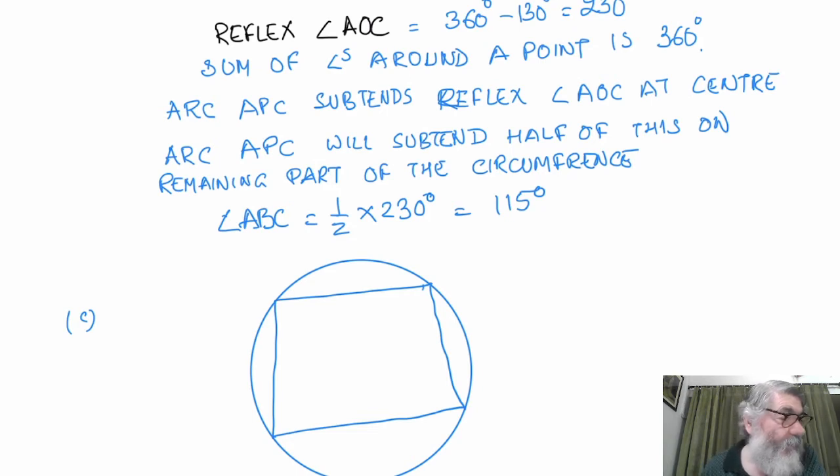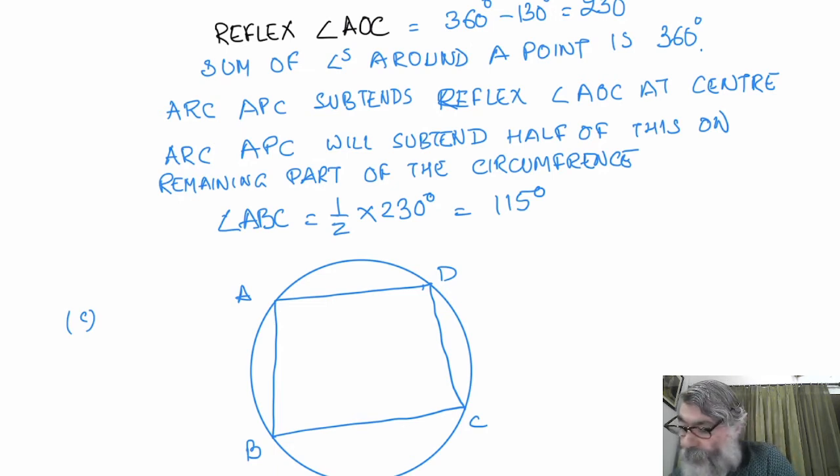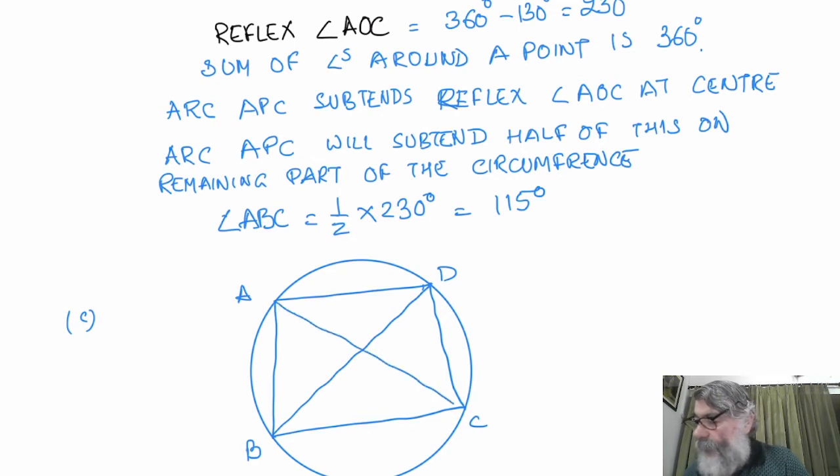Let me name it A, B, C, and D. He has joined the diagonals of the cyclic quadrilateral.